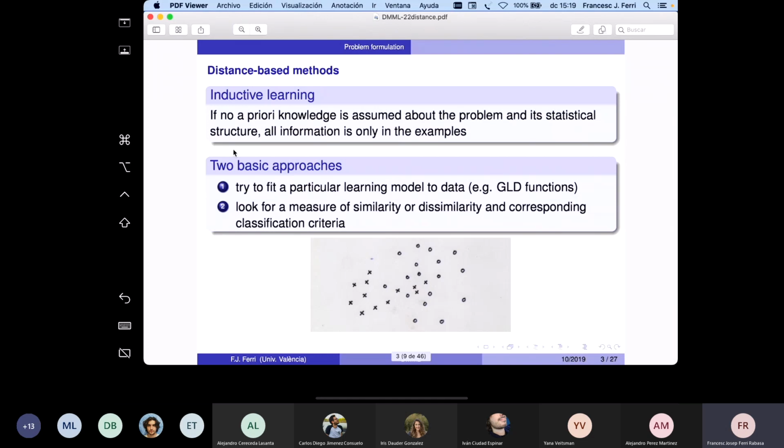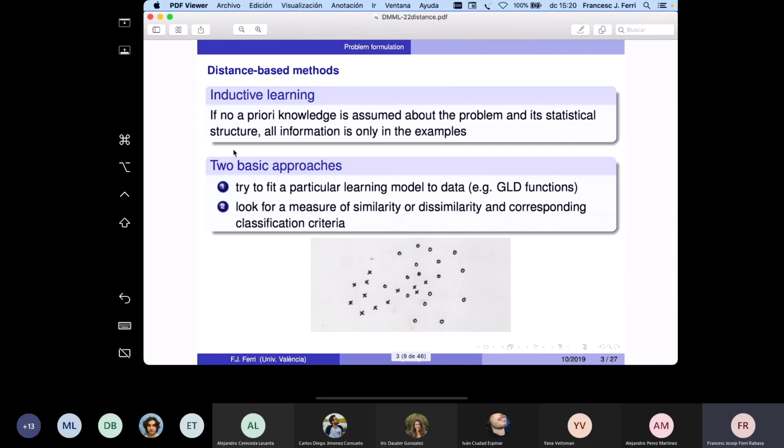Perhaps we have a vector of features, of many features. Close means that there is a measure of distance. In principle, the more natural distance is the Euclidean distance, but not necessarily. But anyway, let's consider the Euclidean distance.